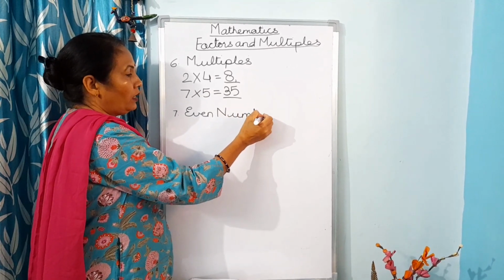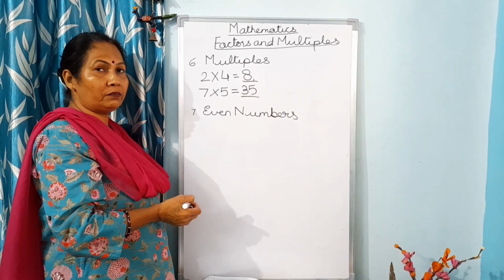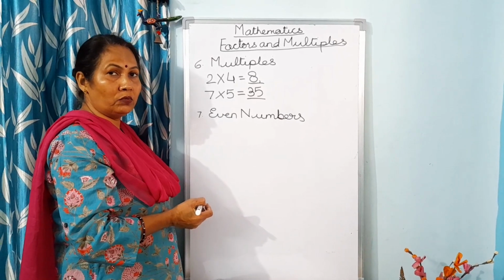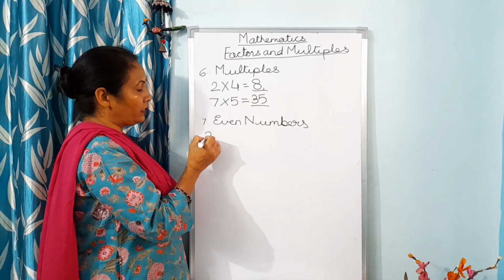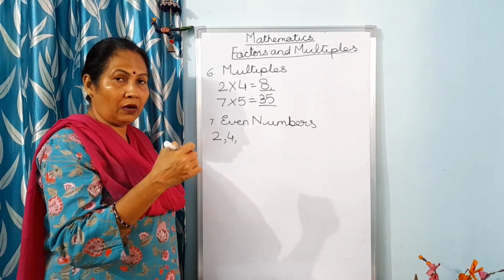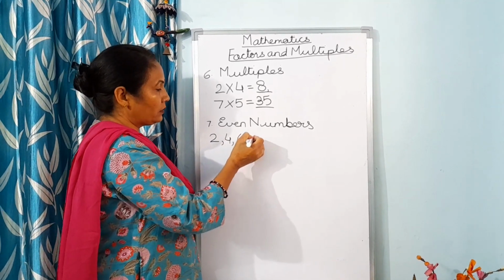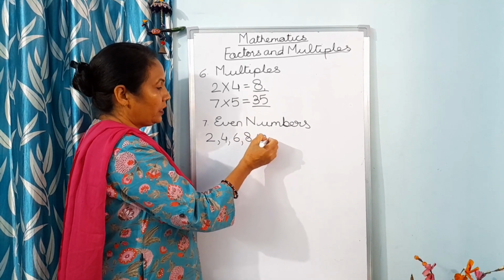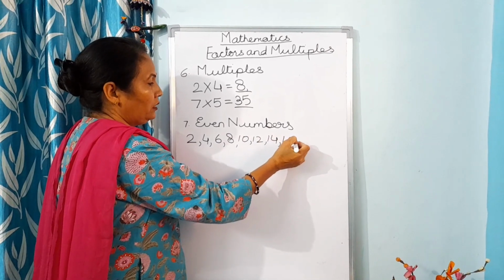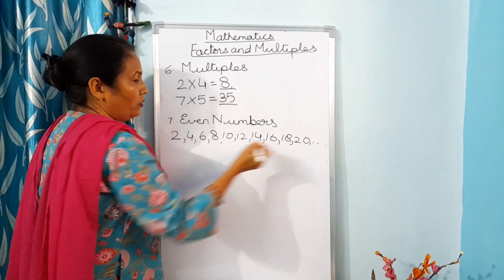Next is even numbers. Now children, you all have done even numbers from small classes. Even numbers means the numbers which are divisible by 2. All the alternate numbers after 1 are even numbers: 2, 4, 6, 8, 10, 12, 14, 16, 18, 20 and so on.